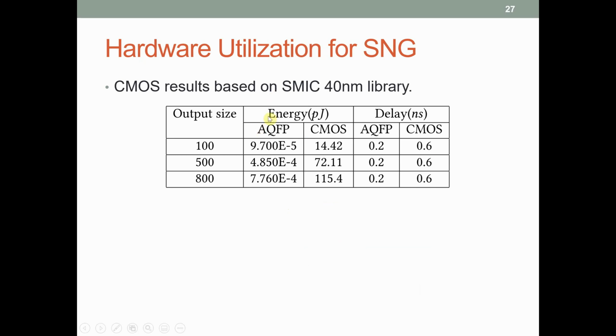First, we can see some hardware results, the comparison with the CMOS results using 40 nanometer technology. We can see the energy efficiency of the AQFP and the CMOS, and also the delay of AQFP and CMOS. The delay of AQFP is a couple of times better compared with CMOS, but for the energy there is a huge difference, in the order of 10 to the power of 5 or 10 to the power of 6.